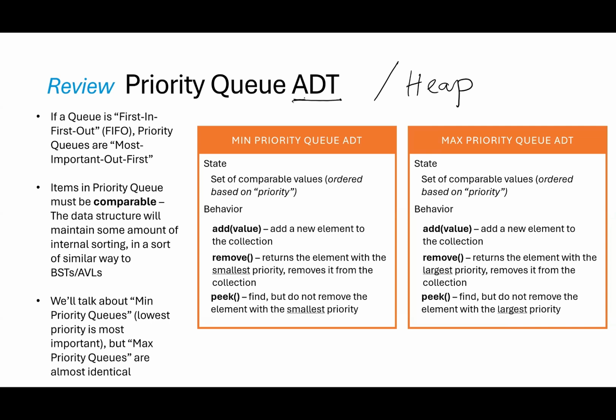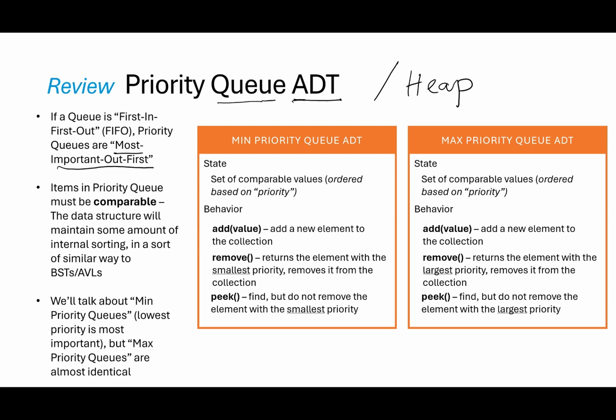So why is this called a priority queue? You know that a queue actually follows the first in, first out method, right? In a priority queue, the principle it follows is most important out first.